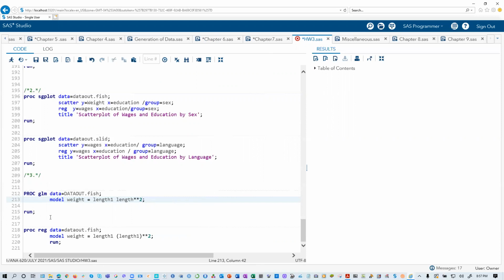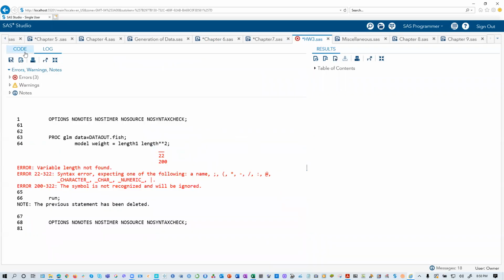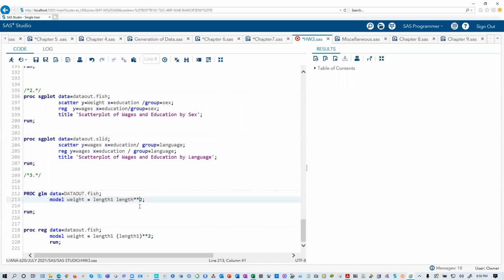So let's run, as you said, like this one with the GLM, generalized linear model. That should work. Oh, why is it not okay? Then if that's the case, to square the month, oh, sorry, not the month.